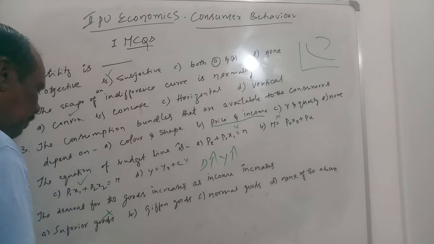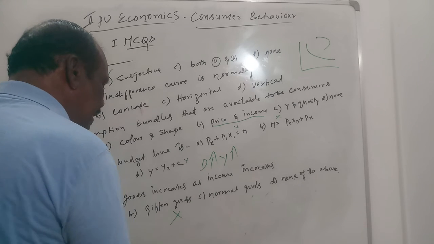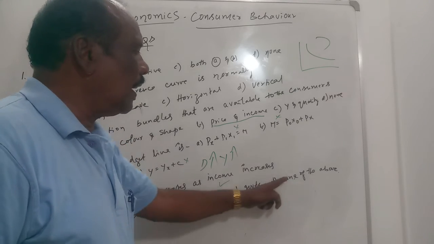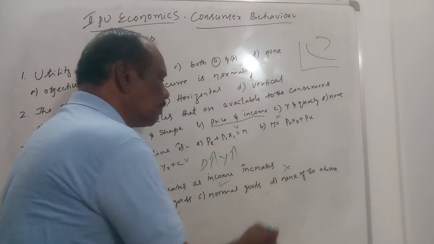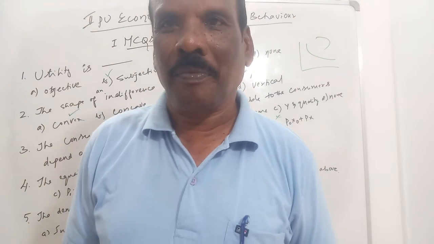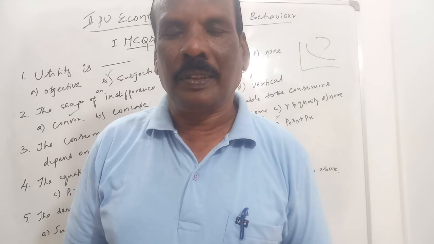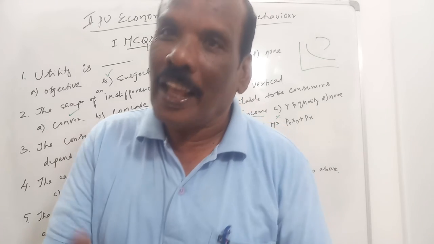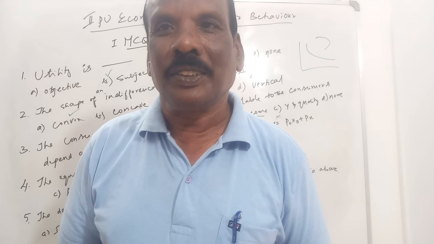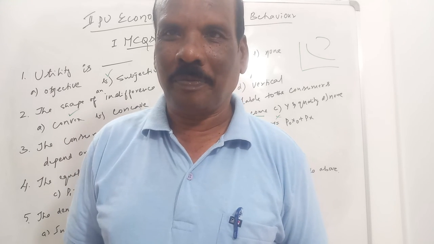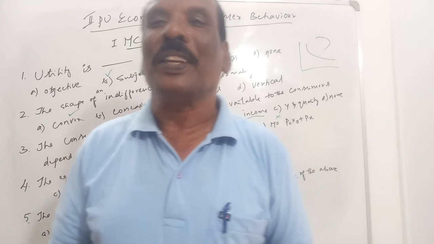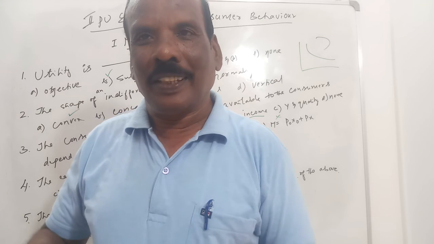No, inferior goods, it cannot be given goods, and it is normal goods, and none of the above. So this is how you have to answer. Of course, options are given and they are very near to the truth, but you have to select the best one. To select the best one, you must understand the subject very well.